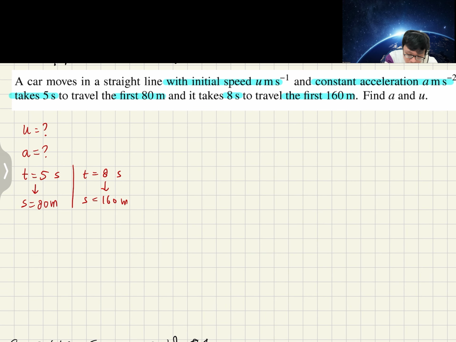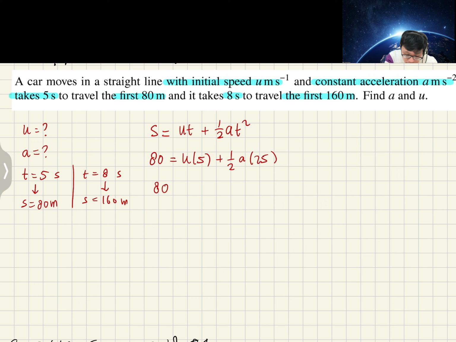So the third equation is S equals UT plus half AT square. Now, from here, we have two values of S, so we can use one of them first. We can use 80 meter equals U, which is the one being asked, times time 5, plus half times A, which is the one being asked, and the time is 5 square, which is 25.